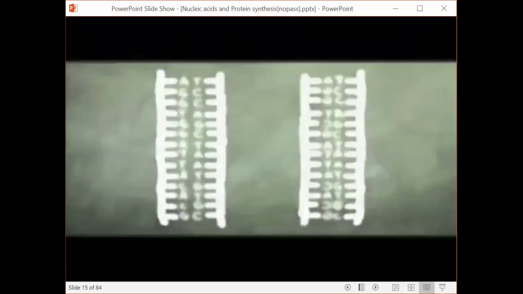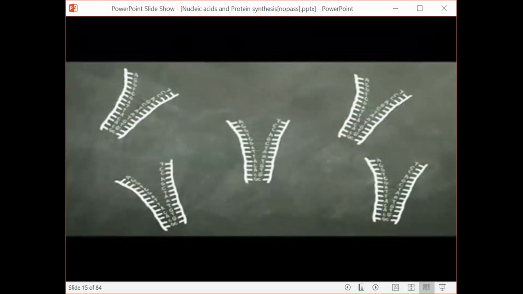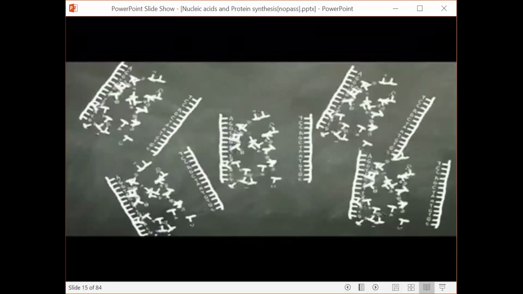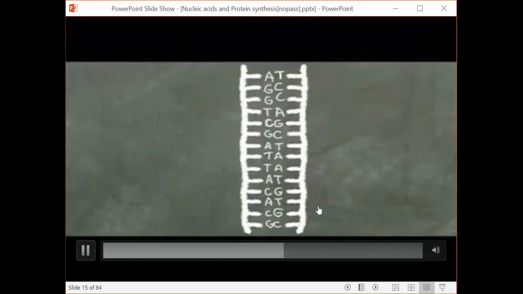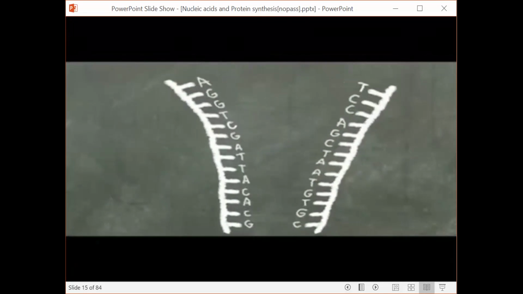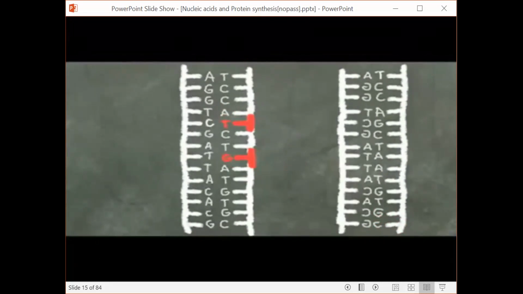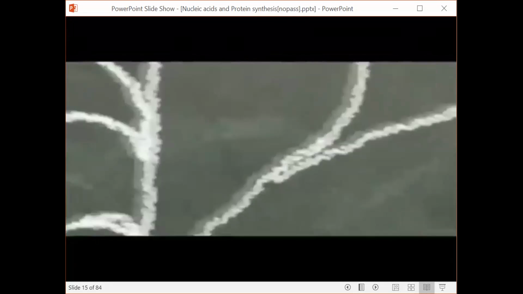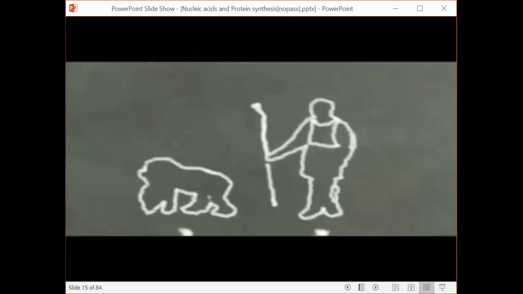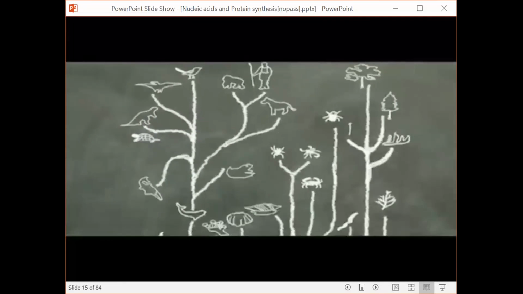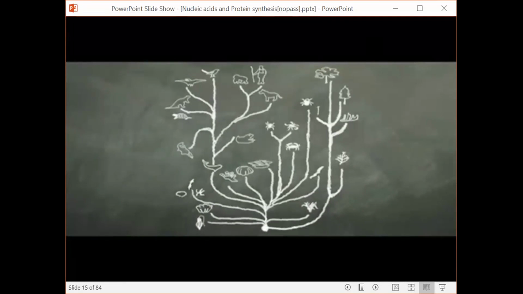DNA is the code of life, but it also contains historical information, because as generation after generation reproduces, it collects mistakes called mutations. By comparing DNA sequences between different living things, researchers can determine their relationships in the evolutionary tree of life.